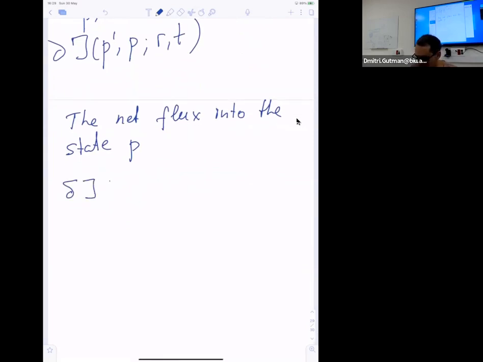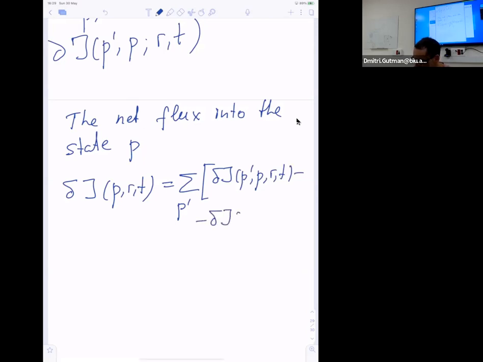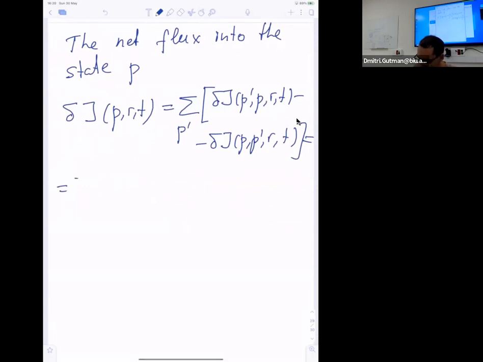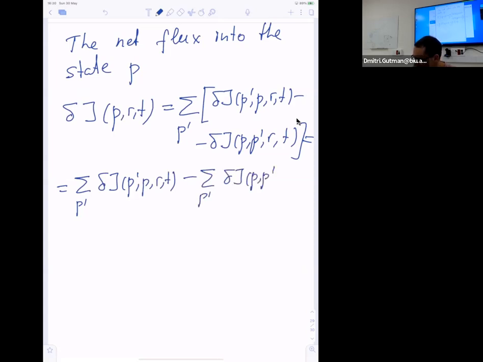Let's denote it as G, J, P, R, and T. This is how many excess particles are coming into the cell P at the point R at the time T. And this is obviously equal to the sum over all states in the system of delta J P'P R T minus delta J P P' R T. And I can do a really non-trivial transformation and say that this is the sum over P' of delta J P'P R T minus the sum over P' of delta J PP' R T.